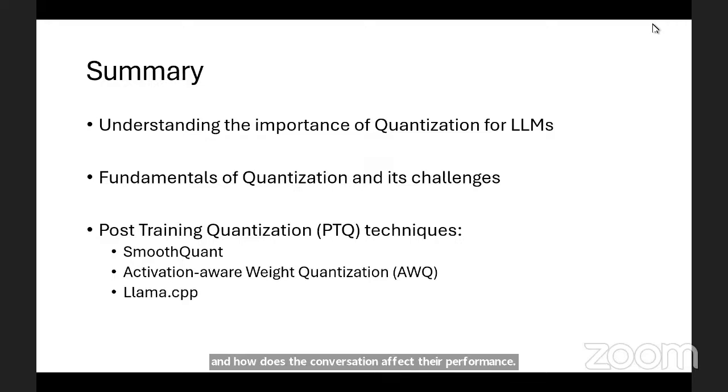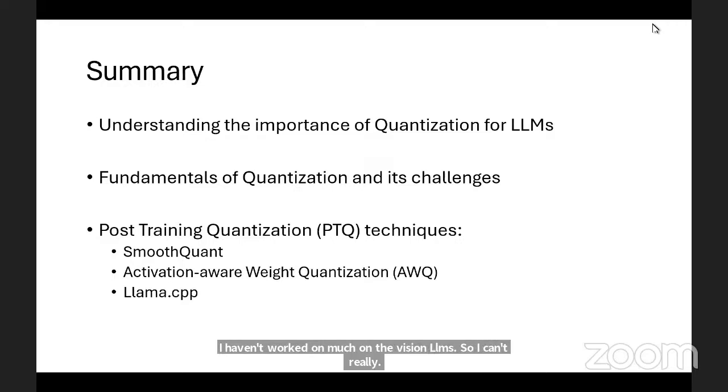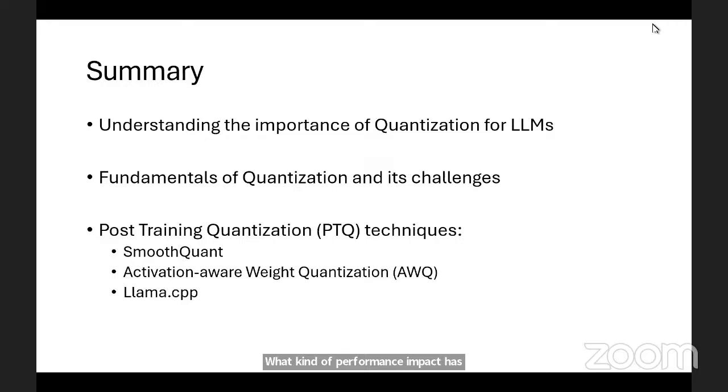I worked a lot with the traditional vision models like CNNs, but I haven't worked much on vision LLMs, so I can't really comment on what kind of performance impact quantization has for those models. But again, this is where I'm trying to keep it more generic, in the sense that we're talking about model weights.